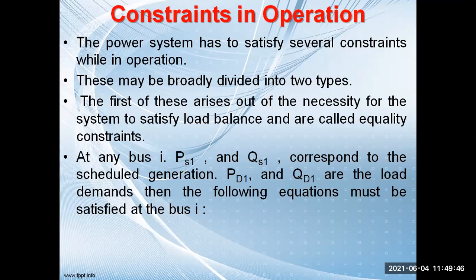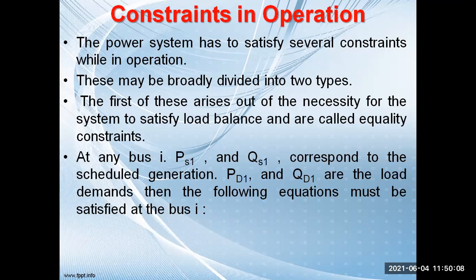Now, if you include the transmission line loss, in economic load dispatch there are two types of operation: one with transmission line loss, and another without transmission line loss. Without transmission line loss, your total generation should be equal to the total load.